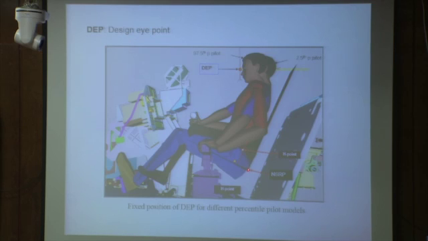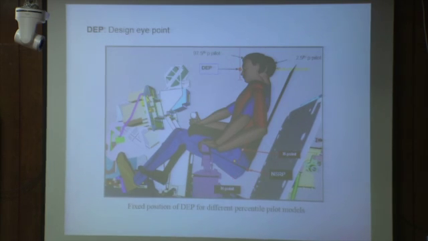Next, this seat can move upward if it is adjusted as per the 5th percentile driver, then this will be the SRP. And if it moves down as per the requirement of the 95th percentile or 97.5, meaning a larger pilot, then that will be another SRP.